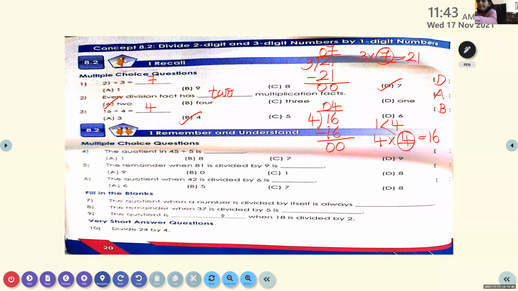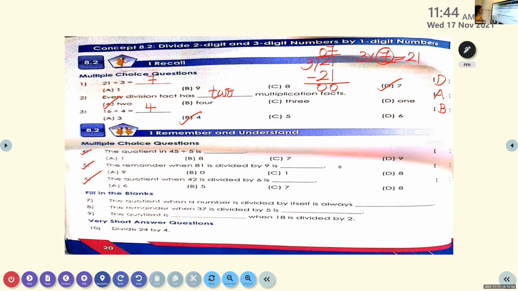Okay, now moving to the fourth one. Do one thing, children: 4, 5, and 6, do it now by yourself. By the time I will take the attendance.